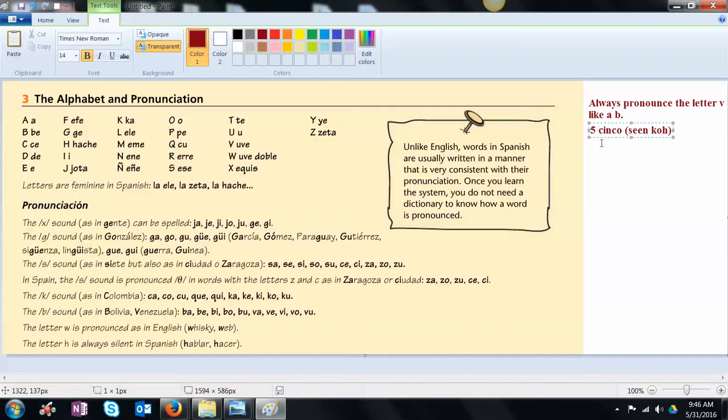So that first C sounds like an S, and the second C sounds like a K. So C next to an E or an I sounds like an S, and C next to an O, A, U, or a consonant sounds like a K.